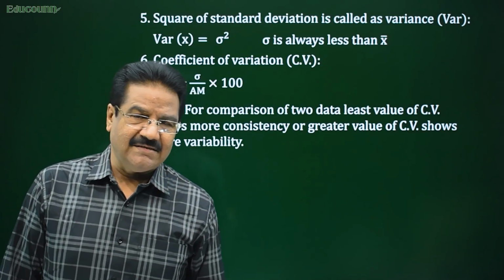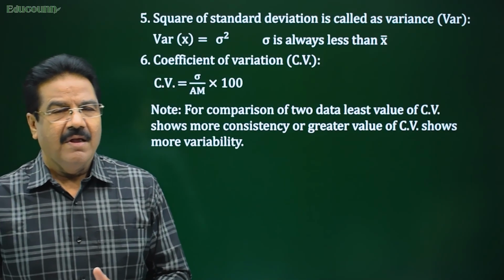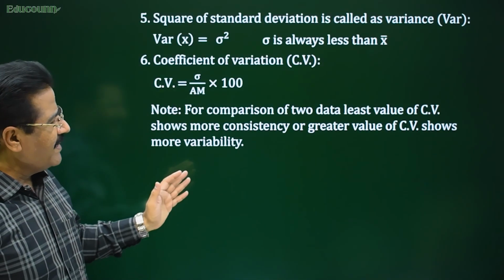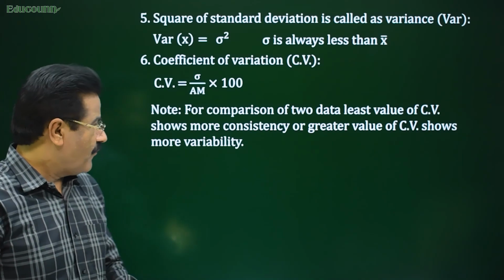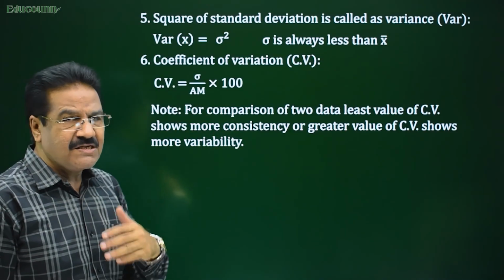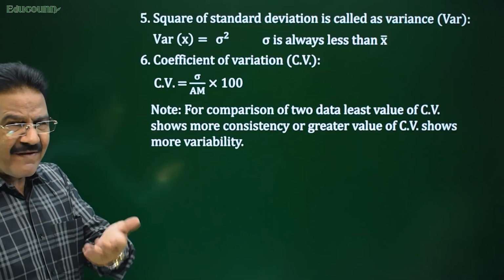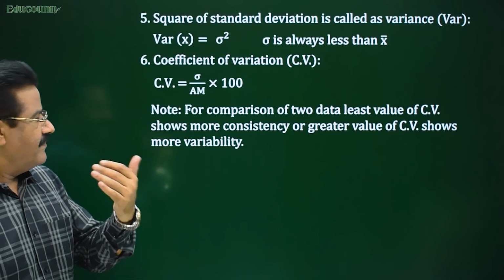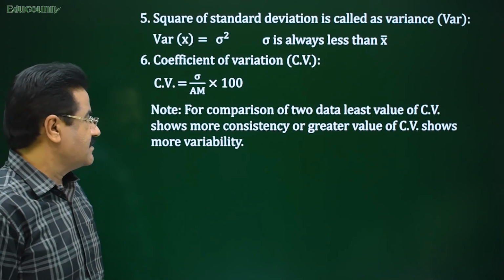If CV is less, then that particular batsman is more consistent. Now, variability and consistency are opposite of each other, and therefore, if the value of CV is more, then we say that it has more variability, and if the value of CV is less, then we can say that it has more consistency.